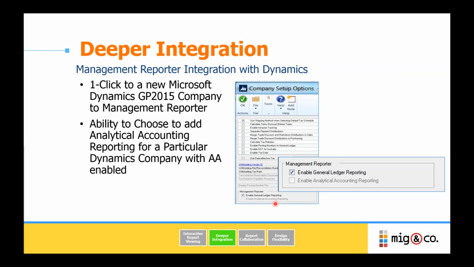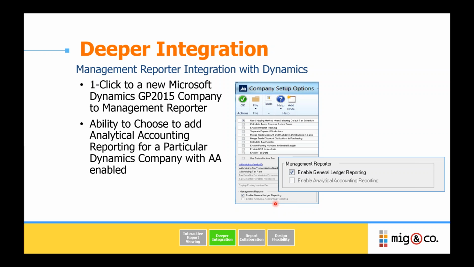I also wanted to mention that if you are using the analytical accounting module with a particular company inside of Dynamics, you now have the option to either include or not include the analytical accounting reporting inside of Management Reporter. With FRX, you had multiple companies in there.